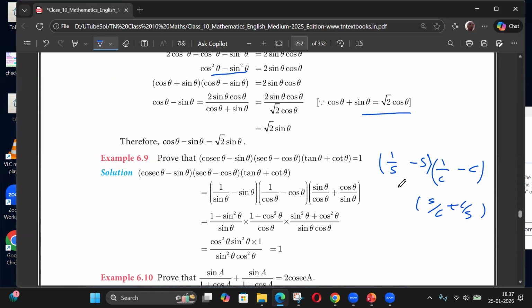I can simplify this one. 1 minus sin square by sin, that is cos square by sin. The second will be sin square by cos. The third factor is 1 by sin cos. Sin square plus cos square is 1. You have always sin cos. So this is equal to 1. That's what I have done.